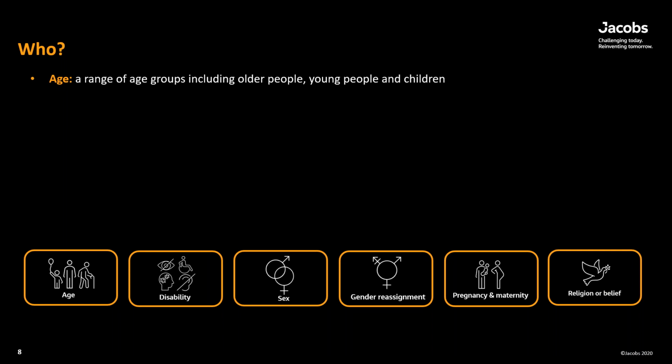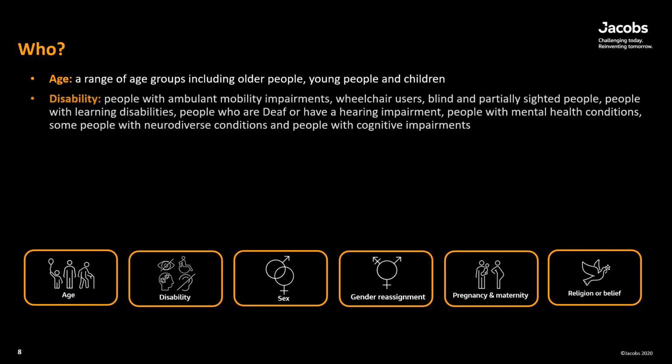So firstly, age. We take into account a range of age groups, including older people, younger people, and children, because requirements can be very different between those groups. Disability, another difference between access for disabled people and an inclusive design approach comes down to the approach we take to disability. Traditionally, access for disabled people or accessibility has mainly focused on people with visible physical impairments.